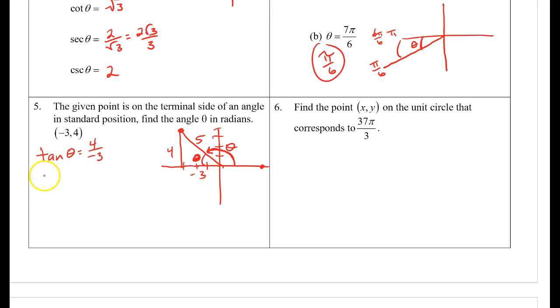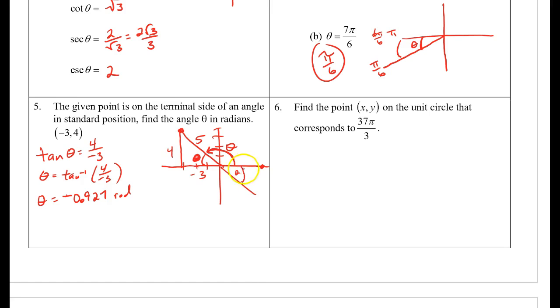And then to get the angle by itself, we're going to take the inverse tangent, and the calculator is going to give us a value of about negative 0.927 radians. Well, the problem is negative 0.927 radians is somewhere down here.